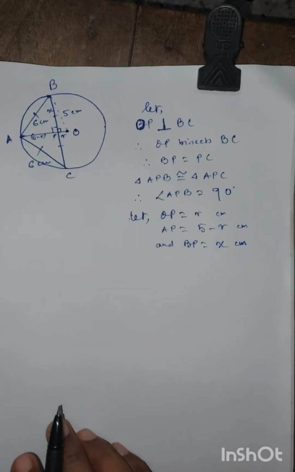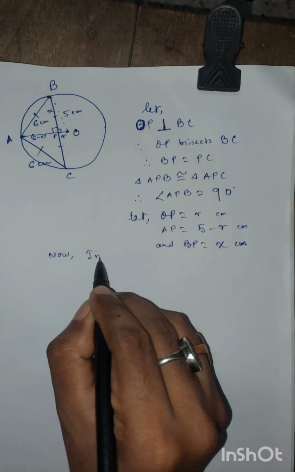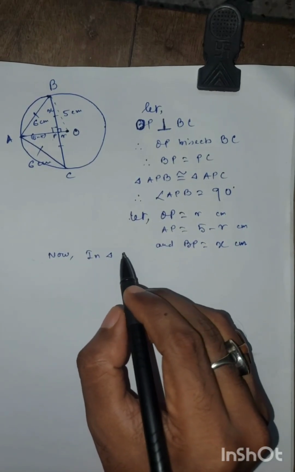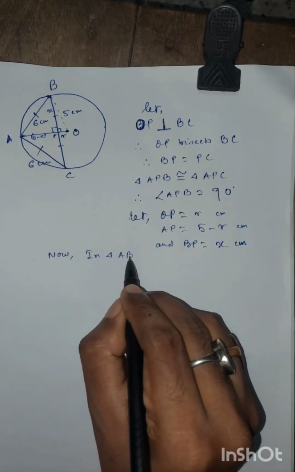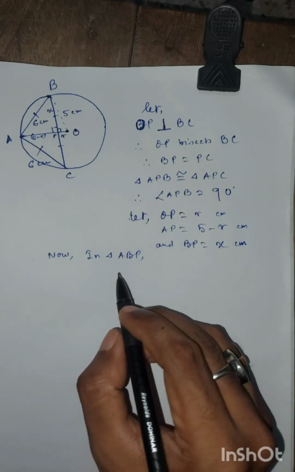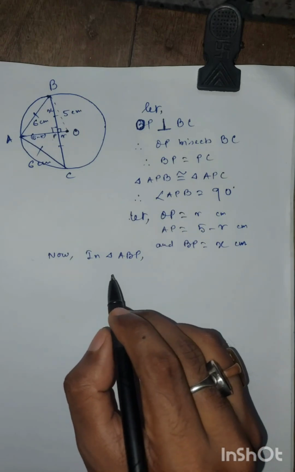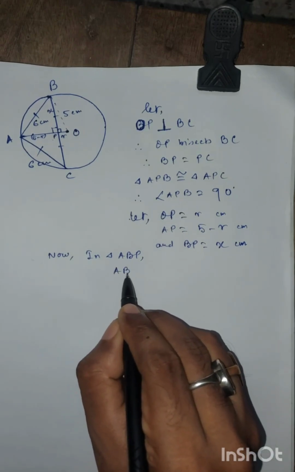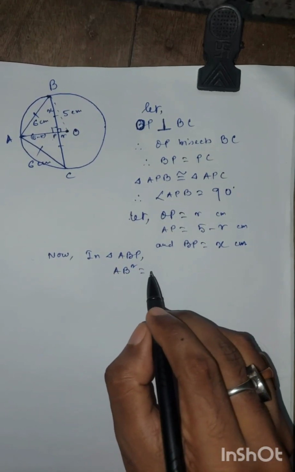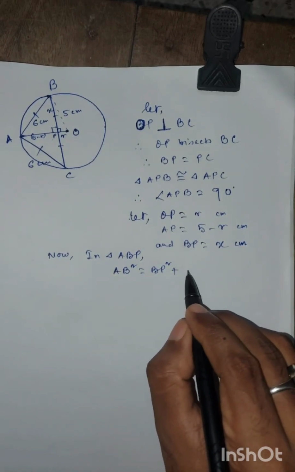Now in triangle ABP, we can say hypotenuse square is equal to perpendicular square plus base square.